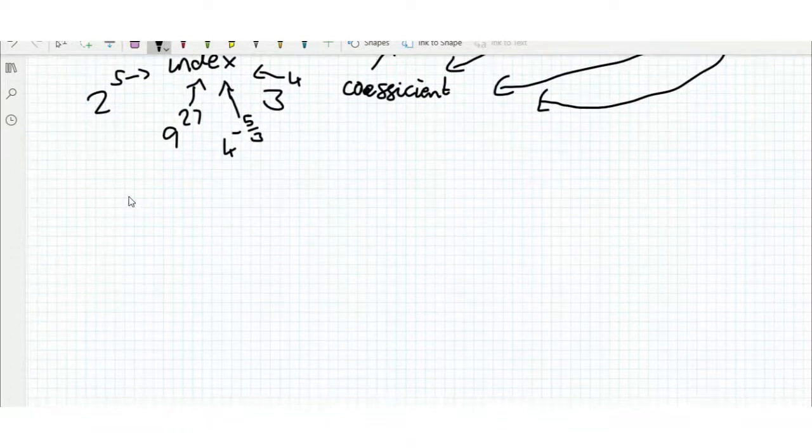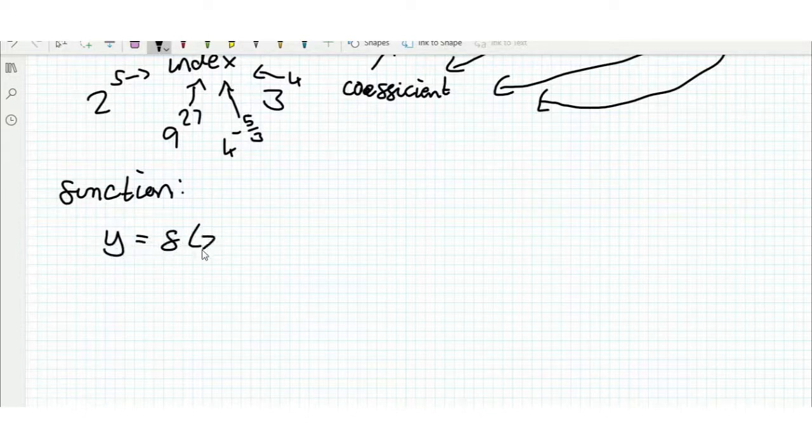And finally, we have a function. So there's a more formal definition of a function, which concerns a little bit more to do with the properties of a function and what has to happen when the function acts on numbers and stuff. But for now, all we need to know is that we can have a function f of x that takes an input.